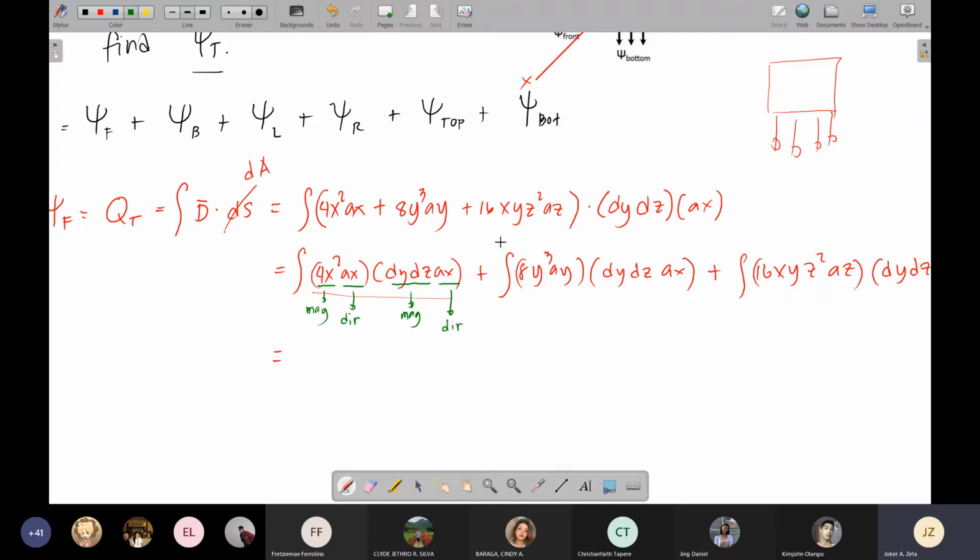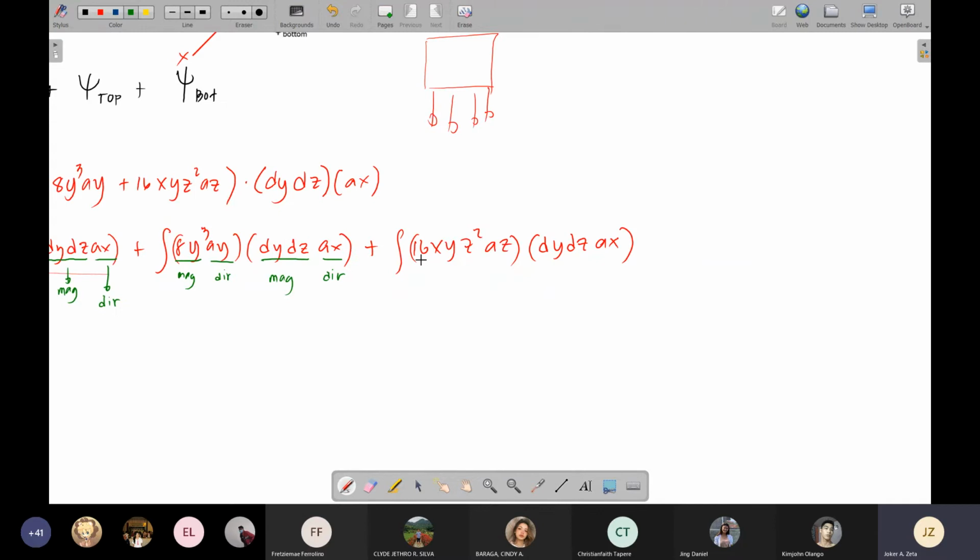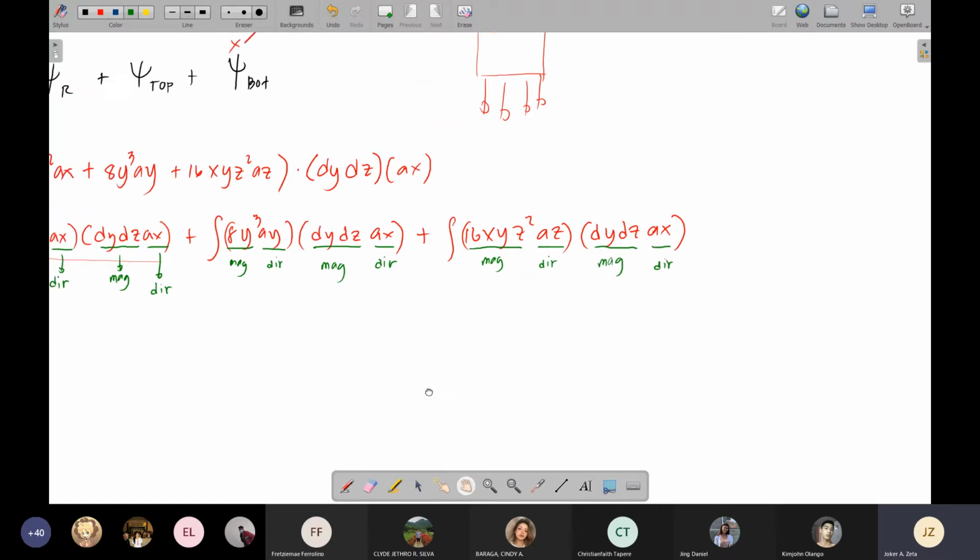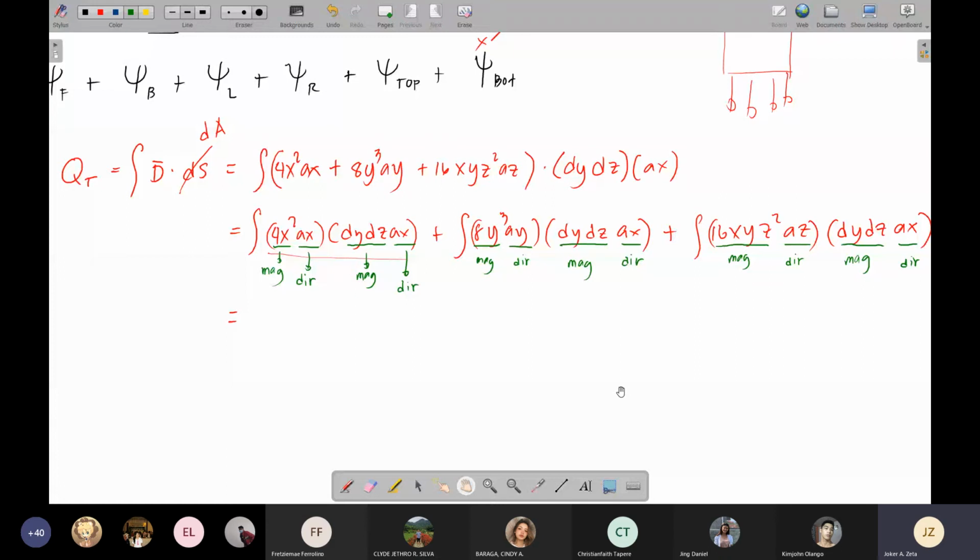Also with the other integration, this is magnitude, this is direction, then magnitude, then direction. Same again here: magnitude, direction, then magnitude, then direction. So I have a reason for labeling magnitude and direction.